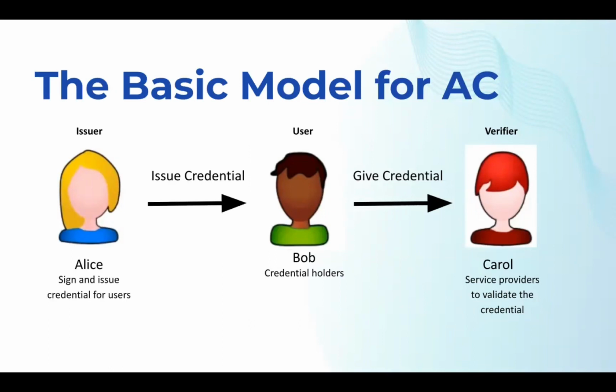Users are the credential holders. A user has one or more items of data, called attributes, related to themselves, which they wish to have certified by an issuer so that they can be attested to verifiers. Verifiers, sometimes called service providers, validate the credential from the user.